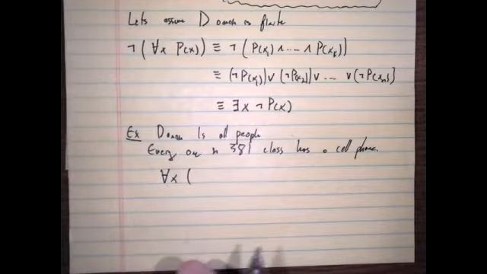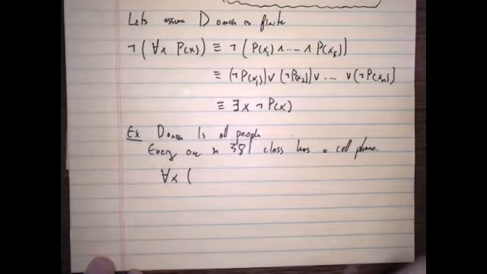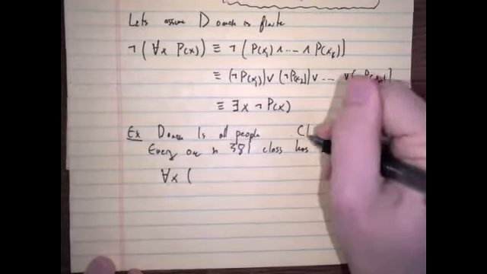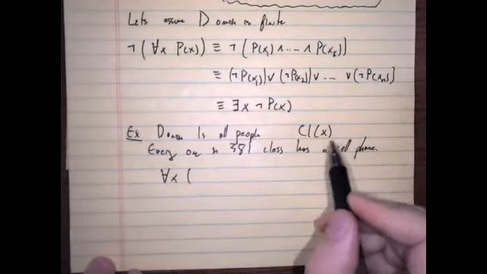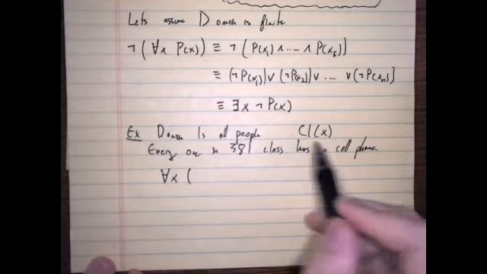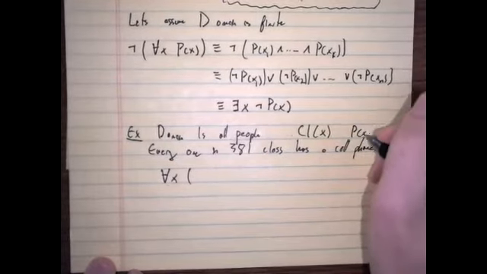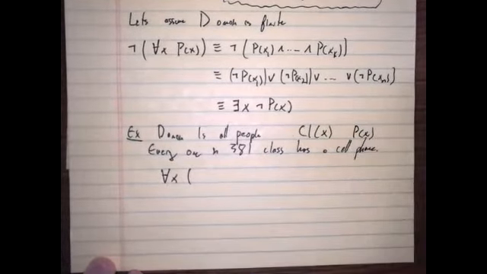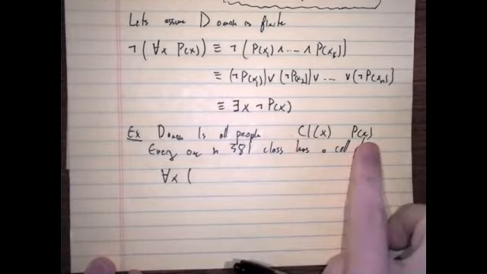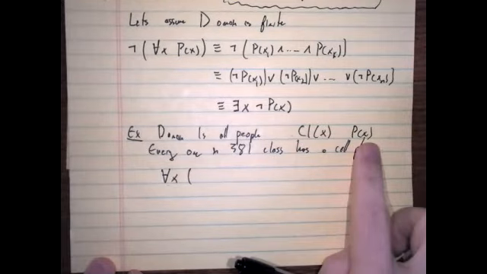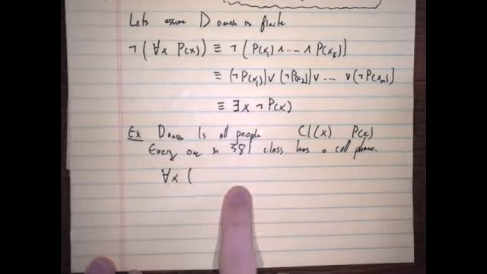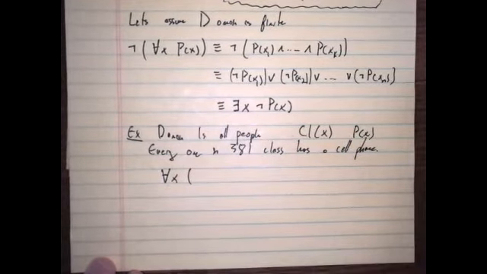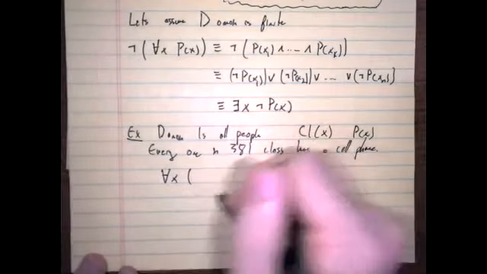Right, so I definitely need something about being in the class. So let's say C of x is the proposition x is in the 381 class, and P of x means x has a cell phone. So this is already holding for all x in the domain. Let me write out this first one, and then we can discuss.